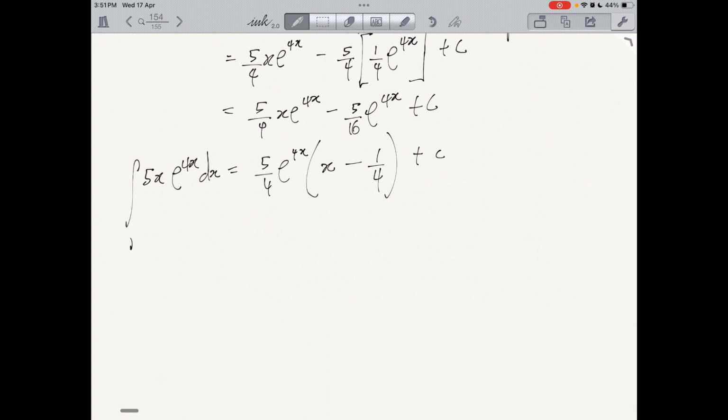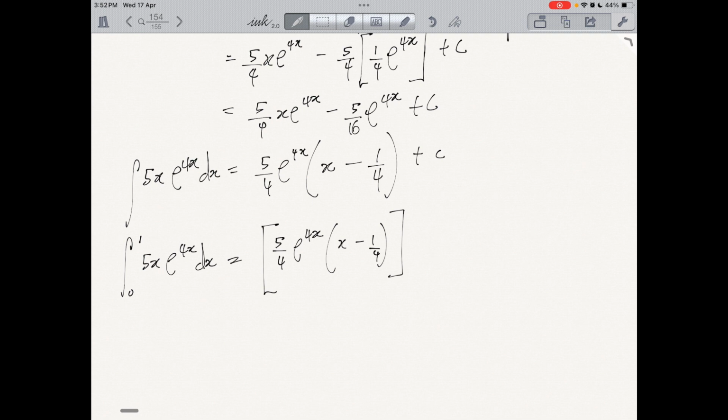Now if the question is taken further, that we should evaluate the integral from lower limit 0 to upper limit 1 of 5x exponential 4x with respect to x, then we will have 5 over 4 exponential 4x times x minus 1 over 4, from upper limit 1 to lower limit 0. So let us substitute our upper limit 1.